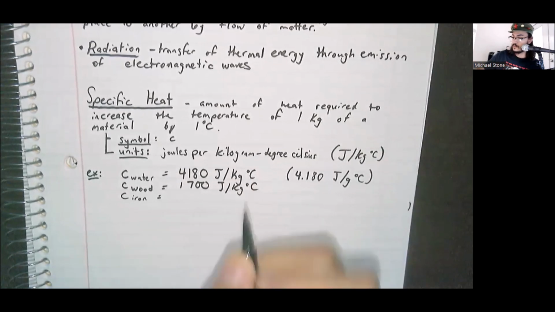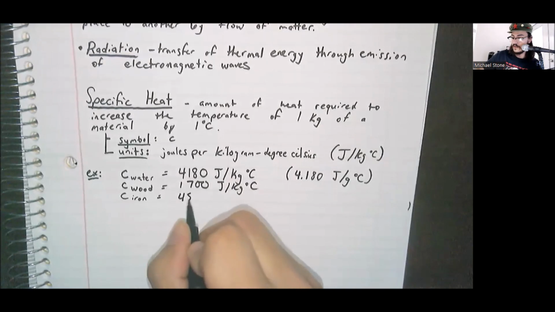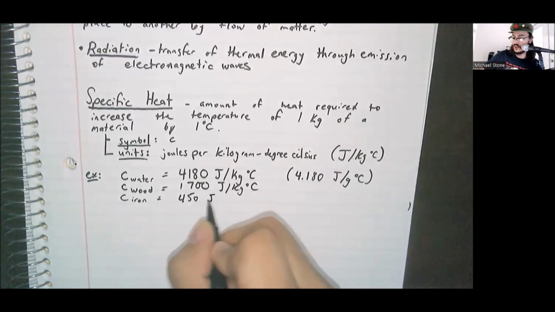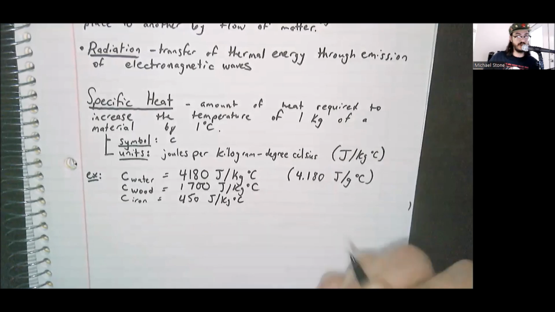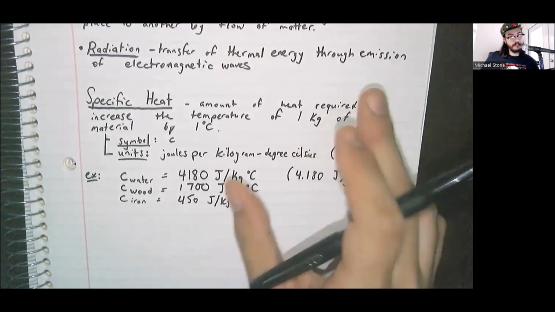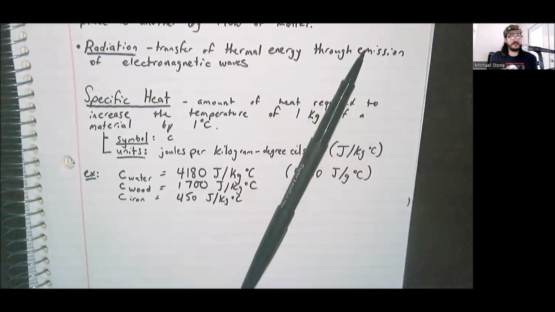And now the specific heat of iron, 450 joule kilogram degrees Celsius. Think about this. Air doesn't have a huge specific heat. It's pretty easy to heat air up compared to, say, water.